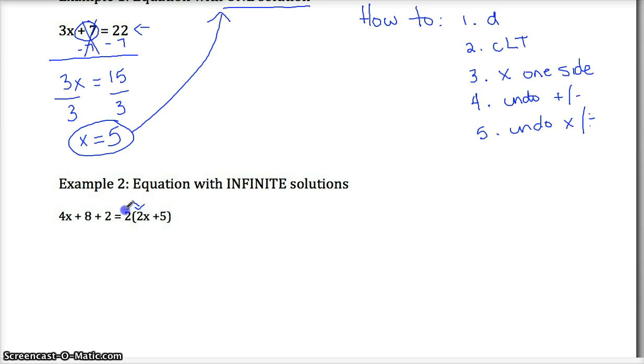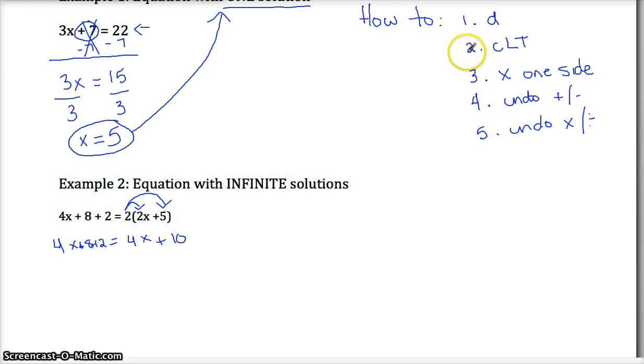We need to multiply the 2 to both of the inside terms in this expression. So 2 times 2x gives you 4x, and 2 times 5 makes this a positive 10. Then we'll bring down what we haven't used over here, 4x plus 8 plus 2.